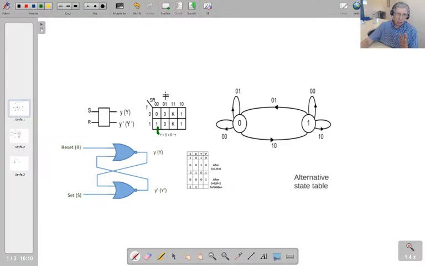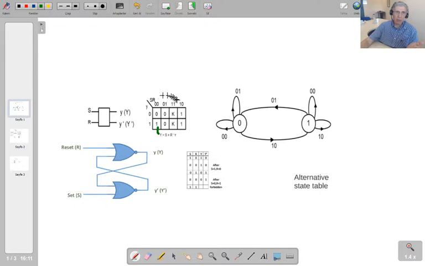If you look at the second column, if the input of this memory element is 0, 1, that means S is 0 and R is 1, whatever the present state is, the next state is 0. That means the next state Y is independent from the present state small y.